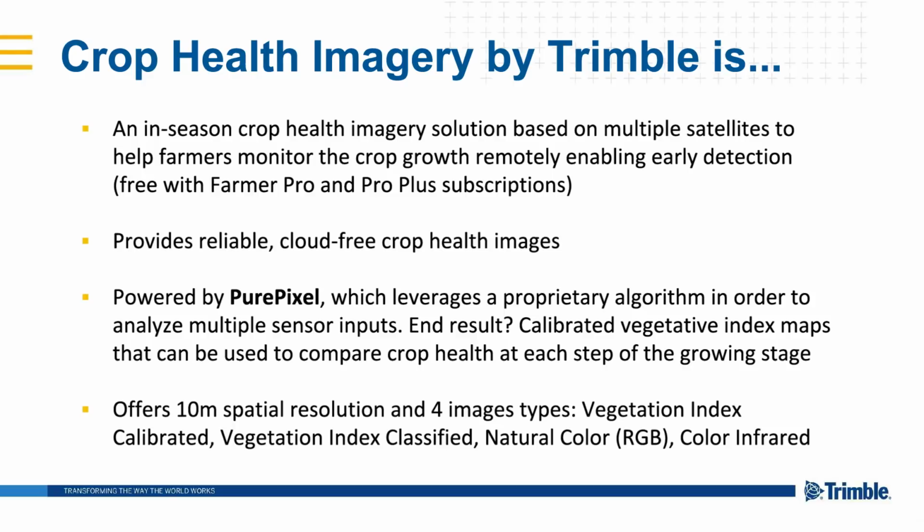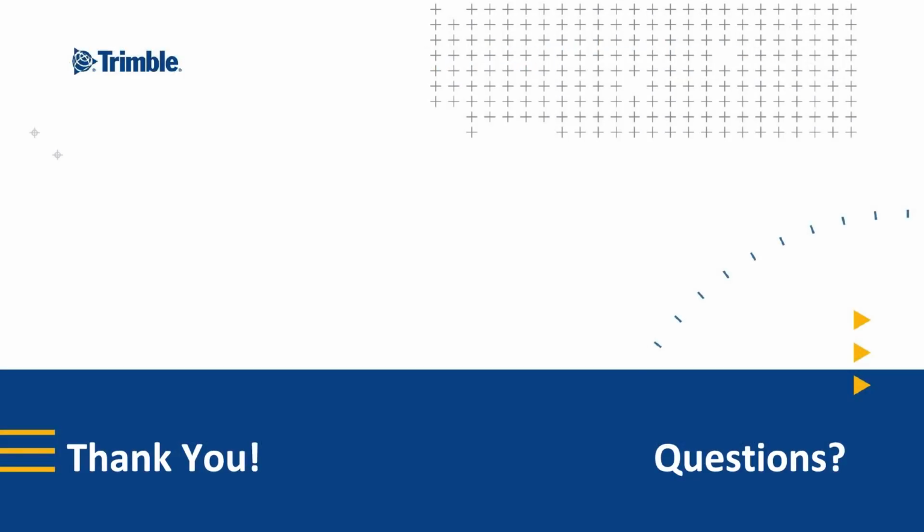The end result? Calibrated vegetation index maps that can be used to compare crop health at each step of the growing stage. Also, customers get 3 to 5 cloud-free images per month. And then just to point out, it offers 10-meter spatial resolution and the 4 image types that we went through earlier.